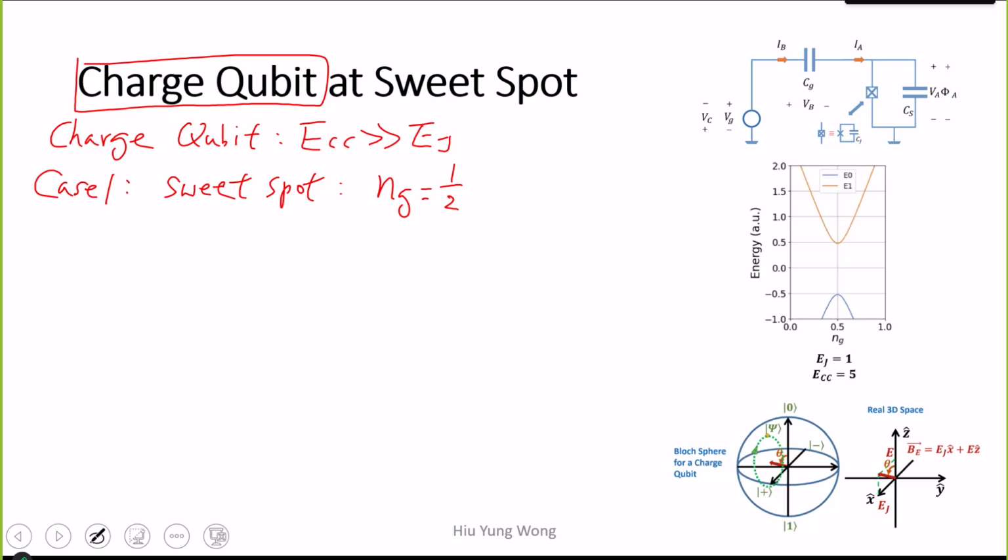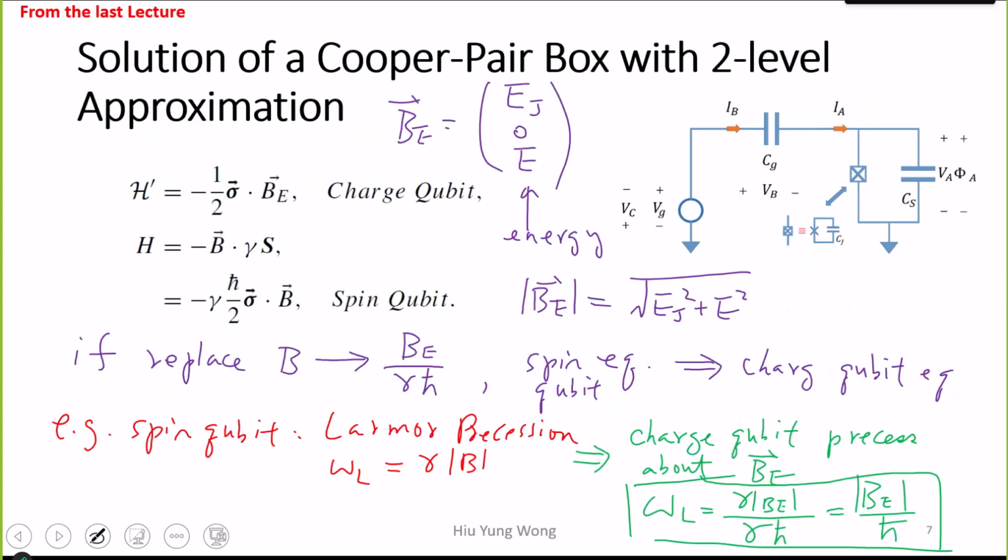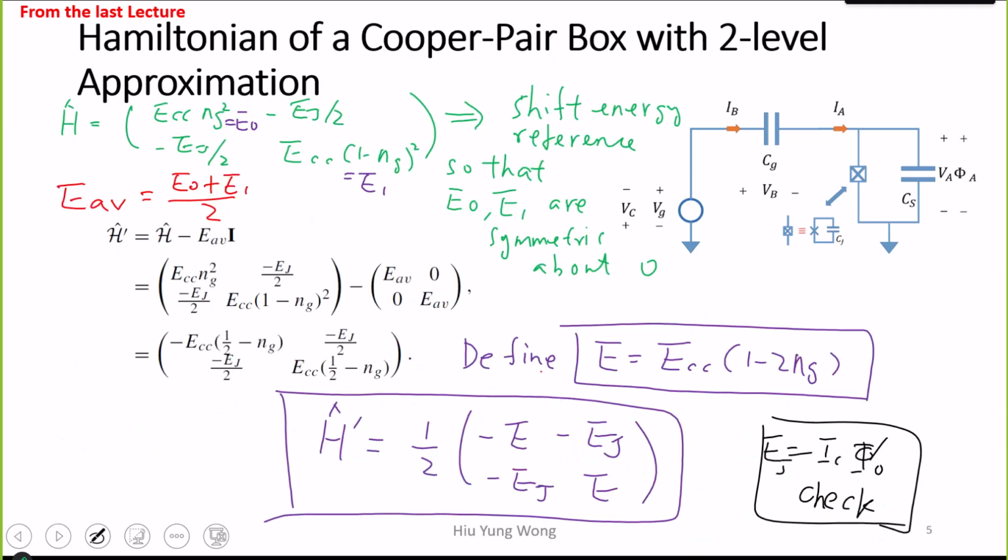You probably forgot, right? This is Ng, where we define E equal to ECT times 1 minus 2Ng. And Ng is the charge induced by this gate, the extra Cooper pair induced by this gate.